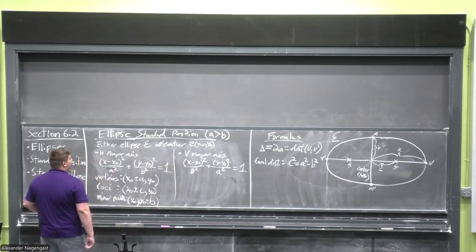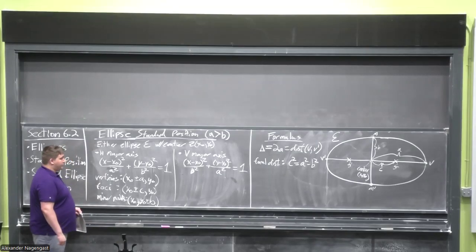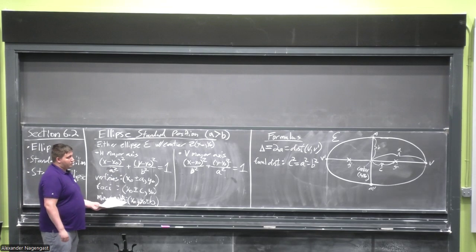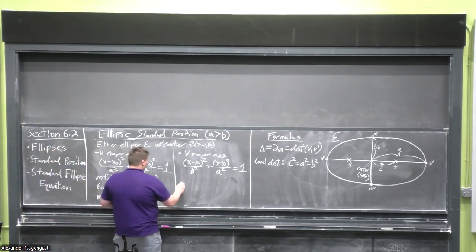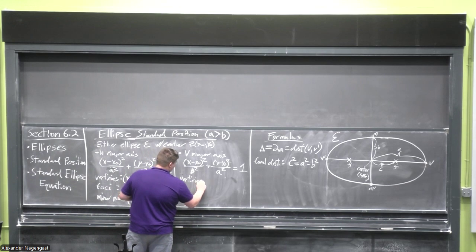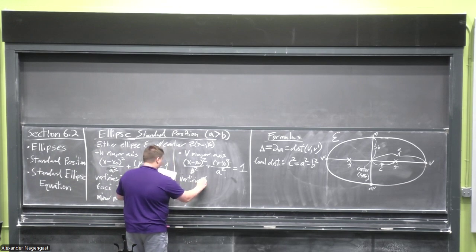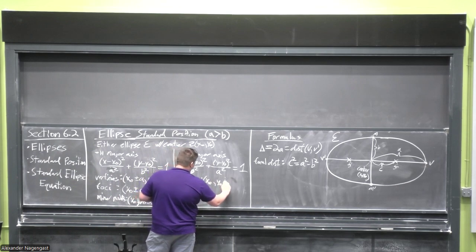Again, rotate this, and come up with the same sequence of equations for a vertical major axis. So our vertices are at x naught, y naught plus or minus a.